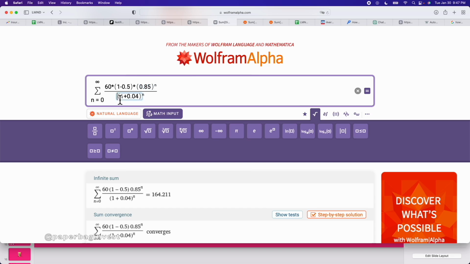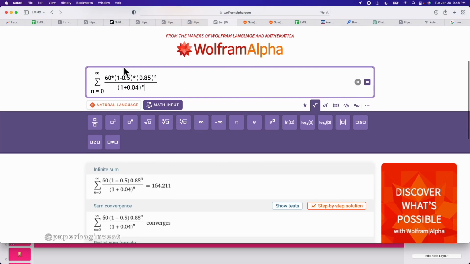And on the bottom here, I've divided by 1.04 to the power of n. It just factors in the time value of money. If we calculate that out for this $60 of premiums, it's actually worth about $164 of present value from all the lifetimes of premiums that are going to come from that customer.